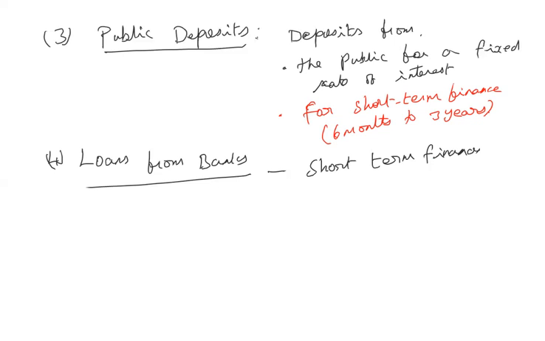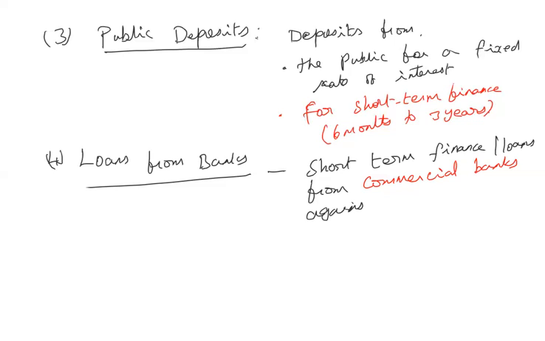So short-term finance or loans are made by the commercial banks, and they lend loans against the stocks of the company or against the guarantees of government securities. And this is the commercial banks.